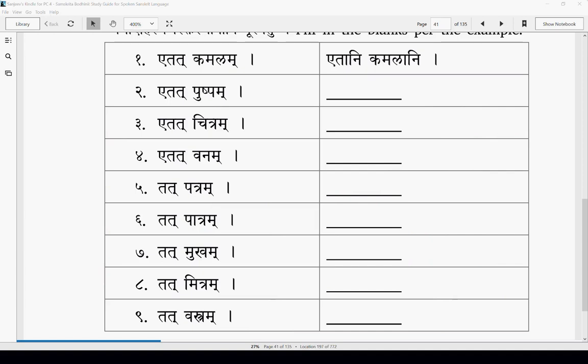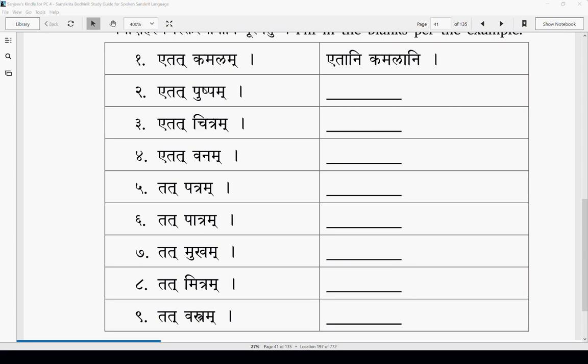Any question on the meanings or any other question? Patram and patram, which one is the leaf? Patram is the leaf. Patram is a container, something that holds, like a vessel.